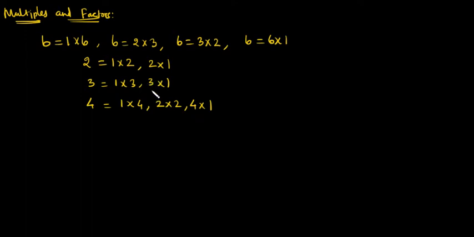So any natural number can be written as a product of two numbers. Okay, this is enough right now.